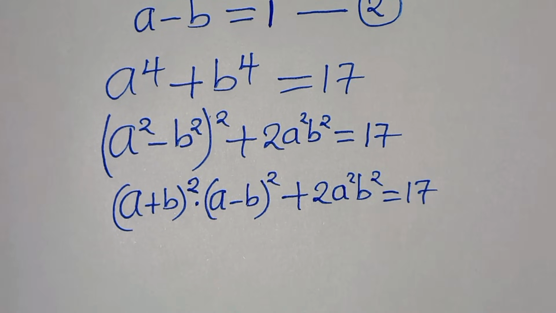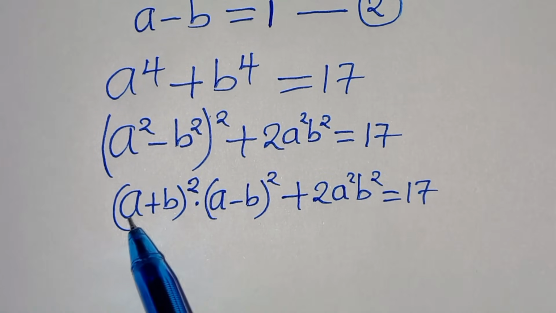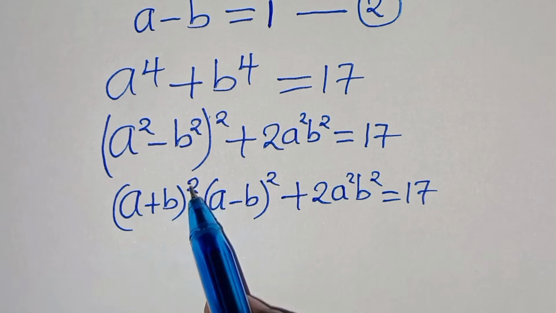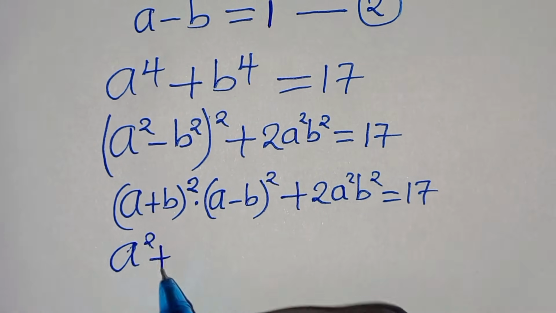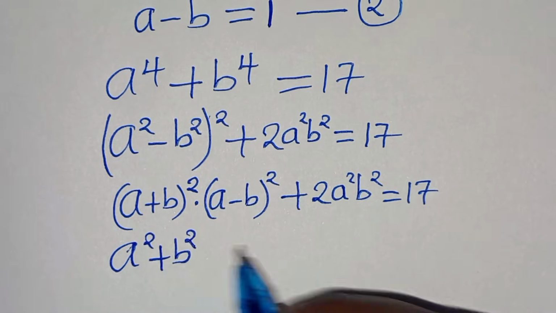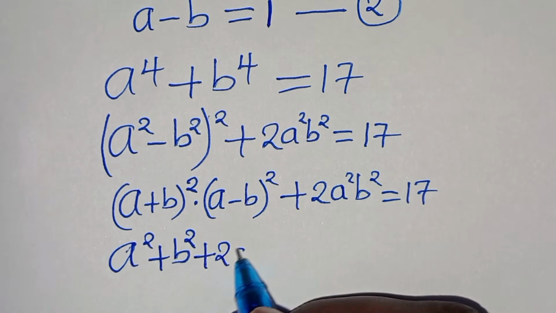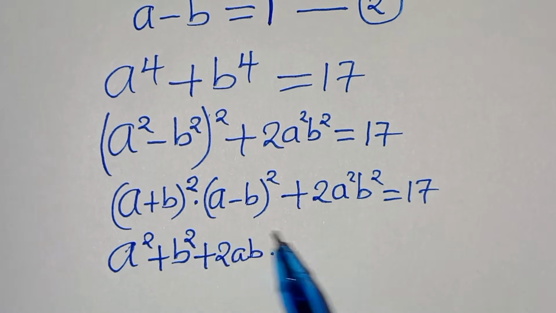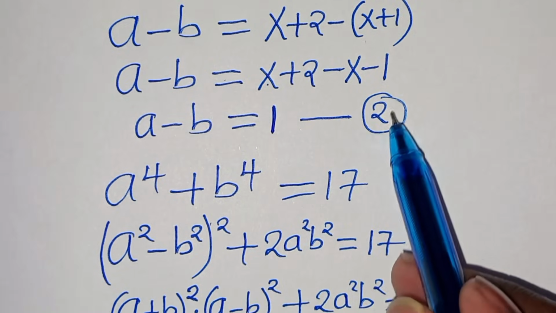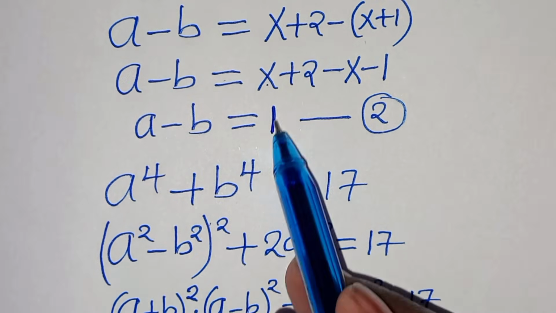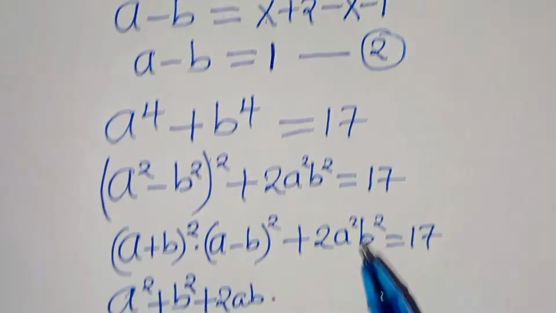All right, now let us expand (a plus b) to the power of 2. This is a squared plus b squared plus 2ab, multiplied by (a minus b) squared. Remember, a minus b is what we have in equation 2. A minus b is equal to 1. So let's substitute 1 here.